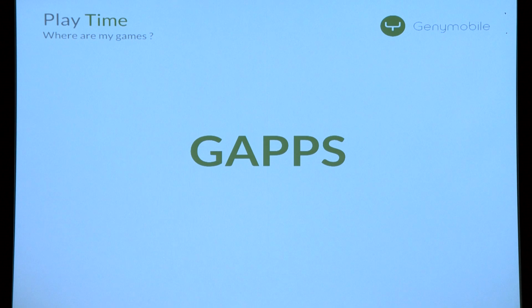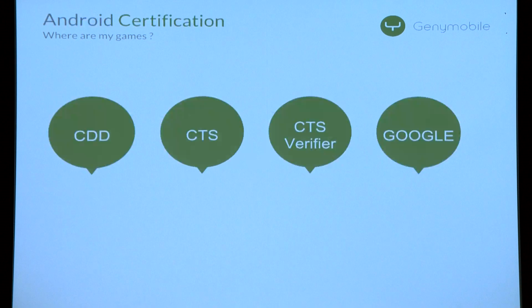To make sure that all the different devices in the wild are correct and really running what's called Android, Google makes sure that you have to pass some tests before being able to use those applications.